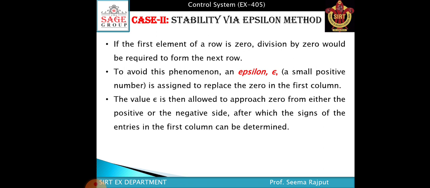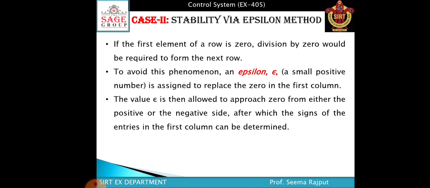In this case, if we produce the 0 element in the first column, we have to put epsilon in place of 0. Okay, to avoid this phenomenon, epsilon, a small positive number, is assigned to replace the 0 in the first column.